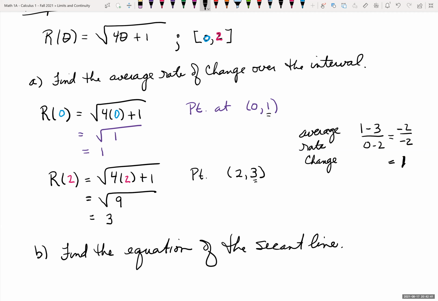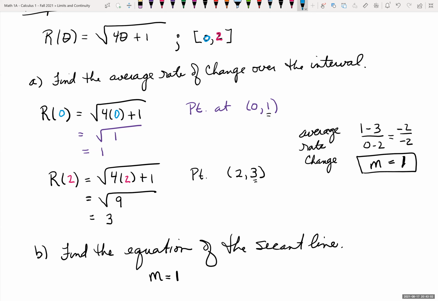Well, we already have the slope of that line. This is what our m value is. So we have our slope of the line is 1. And we actually have a point. We actually have 2 points on the line. And it doesn't matter which point you choose. We're going to get the same equation.